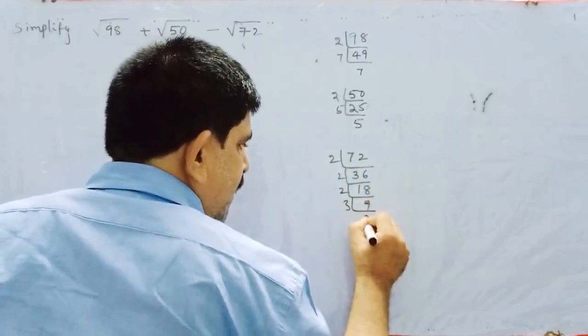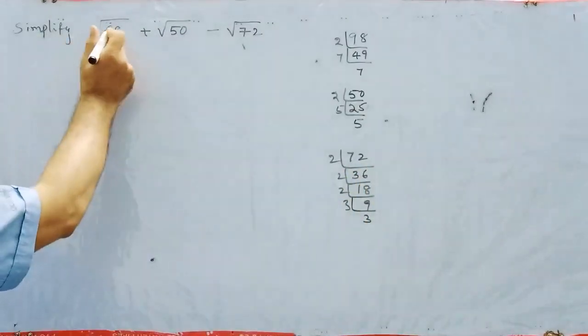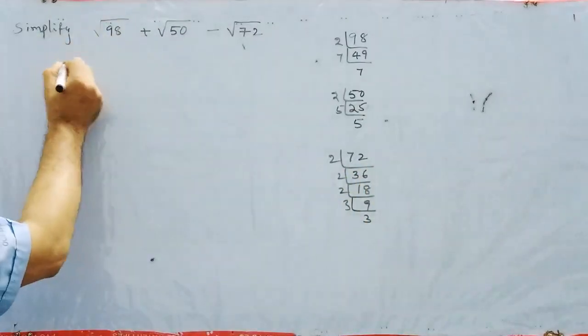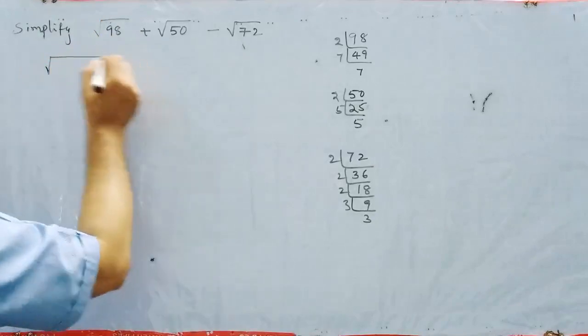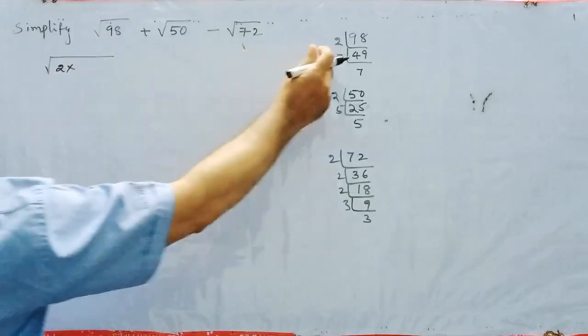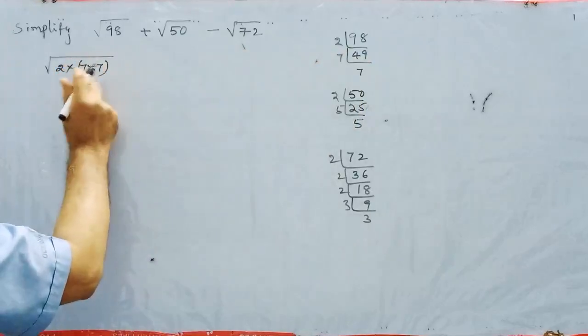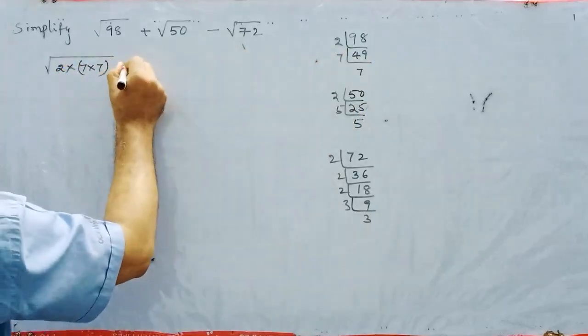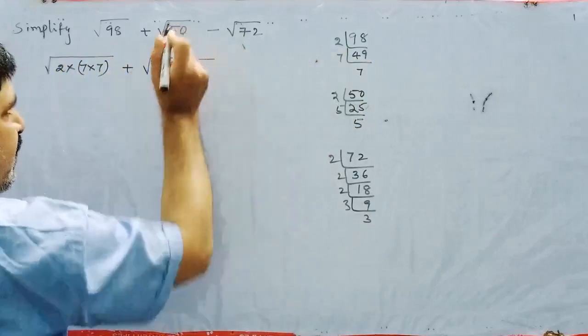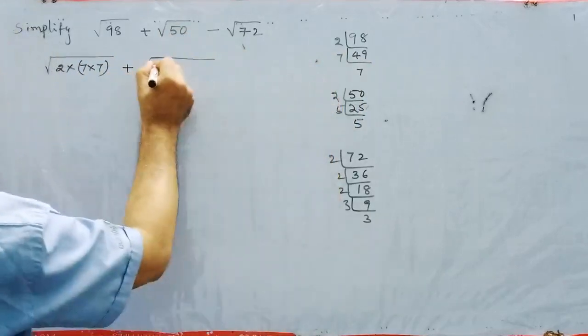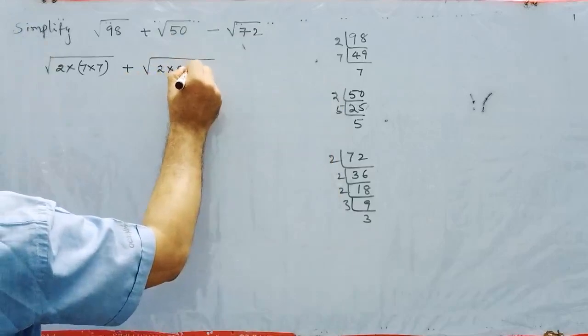Okay. Now first, root of 98 can be written as square root of 2 into 7 into 7. So this 7 into 7 is one pair, plus root of 50 can be written as 2 into 5 into 5.